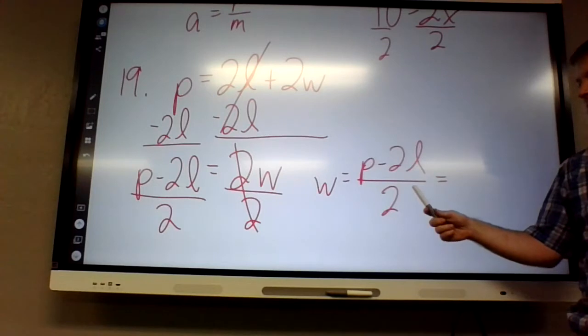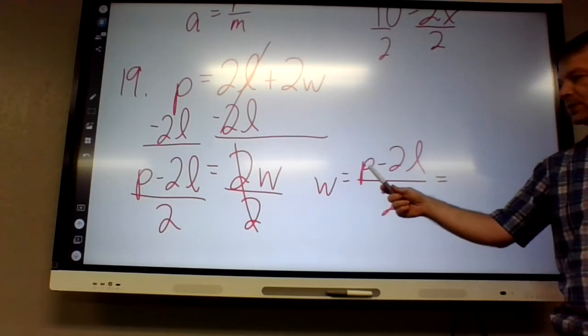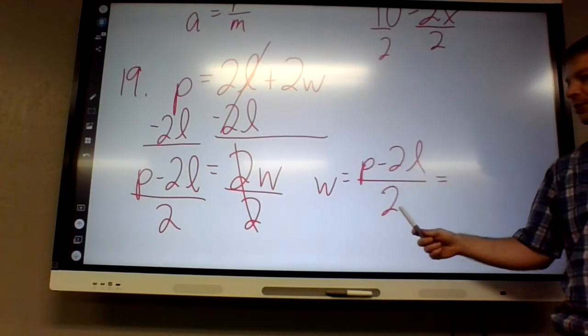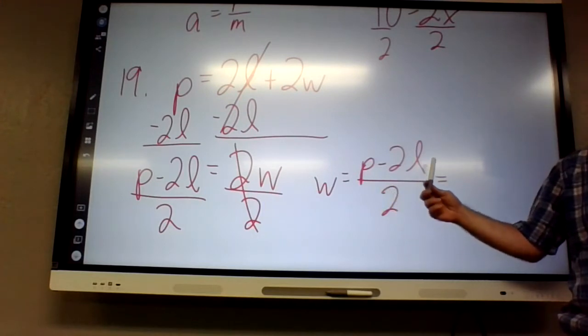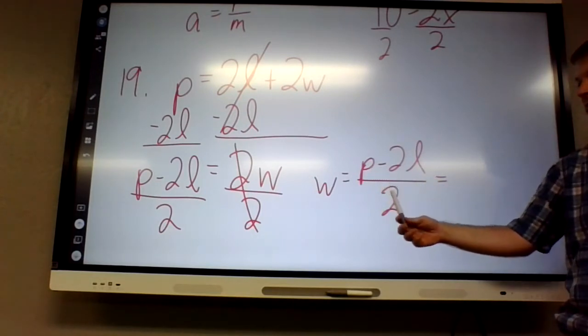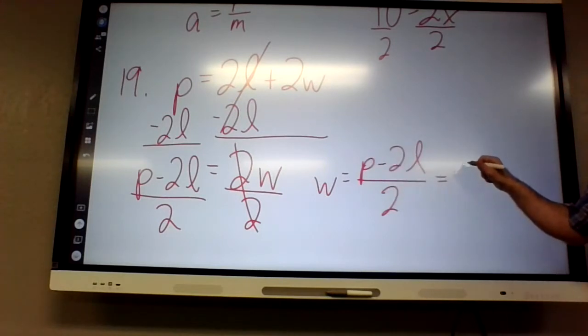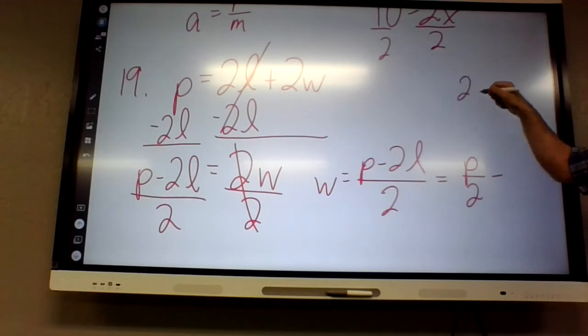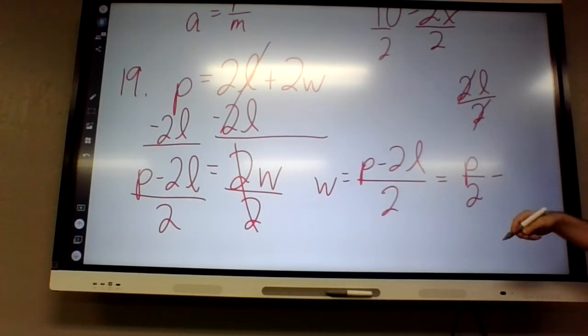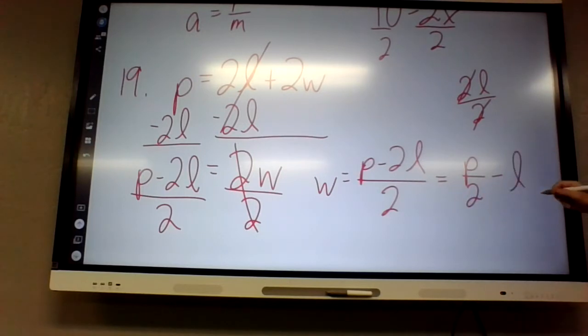Not exactly, because both of these terms on the numerator are supposed to be divided by 2, kind of like a distributive property with division. But what we could do is split it up and divide them both by 2. So P divided by 2 minus, on that second term, the 2's would cancel out. So over here we could just put an L.